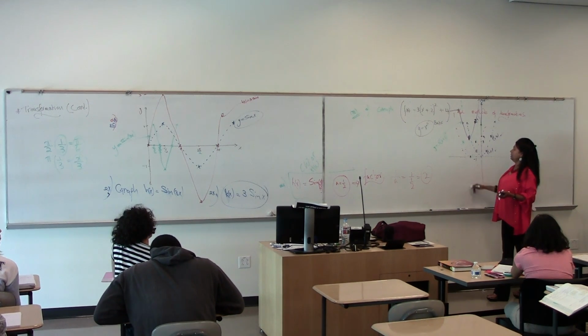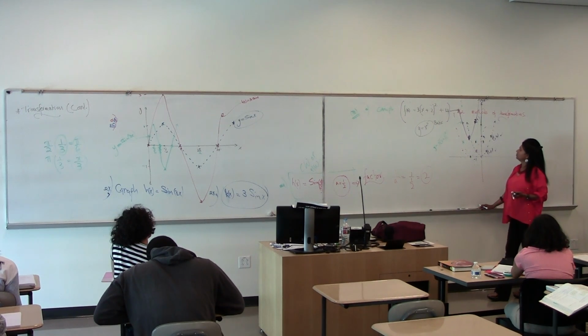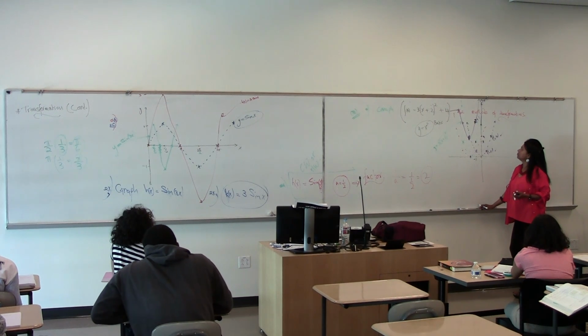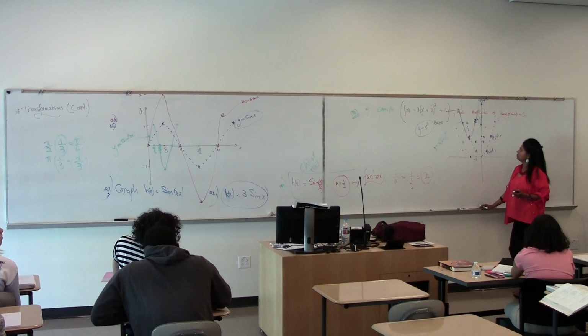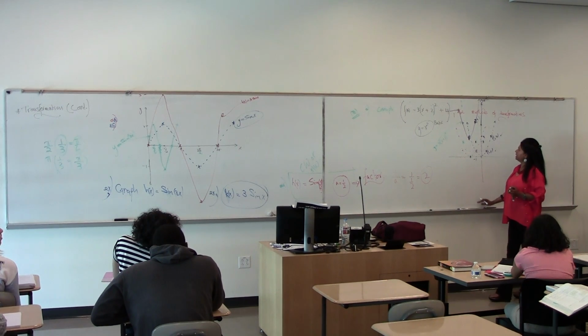Multiply by 3. Multiplied by 3 becomes what?